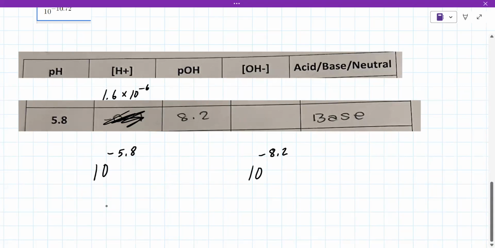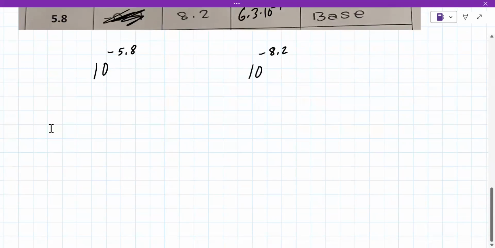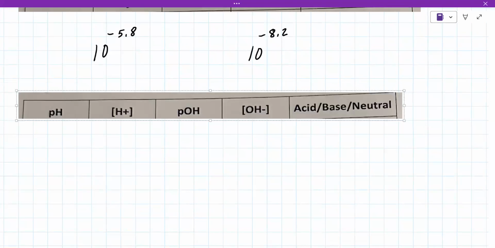And go ahead and do the same for the other one. 6.3 times 10 to the negative 9. Probably correct. Yes. Okay, so this one's not too bad. Let's go to the next one here.